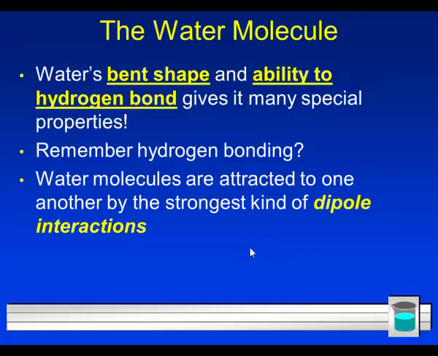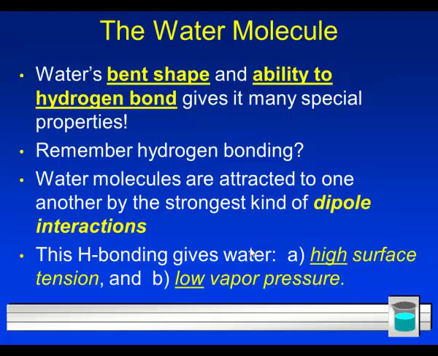Hydrogen bonding being able to occur between water molecules. And it is this strong hydrogen bonding, this very widespread hydrogen bonding throughout a sample of water that gives it its unique properties.